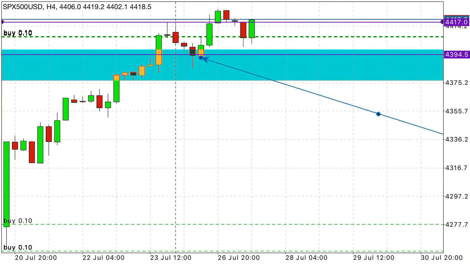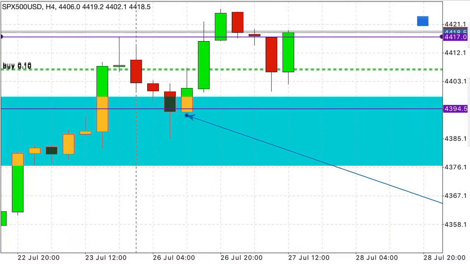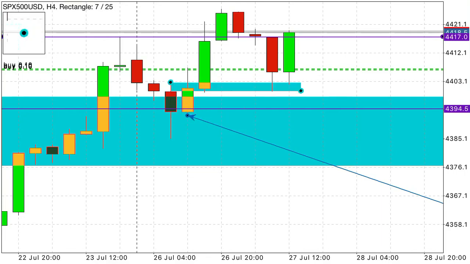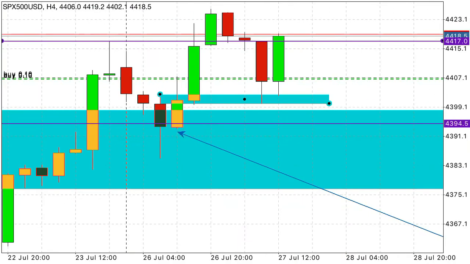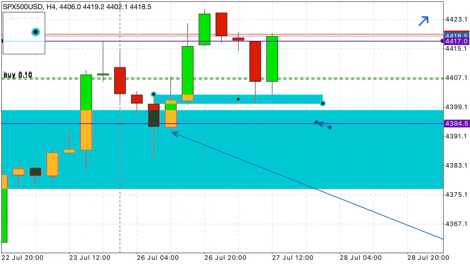And if you zoom, we also have this bullish order block over here on 4 hour, and this was the first candle to retest that order block, and fortunately it closed above that order block.